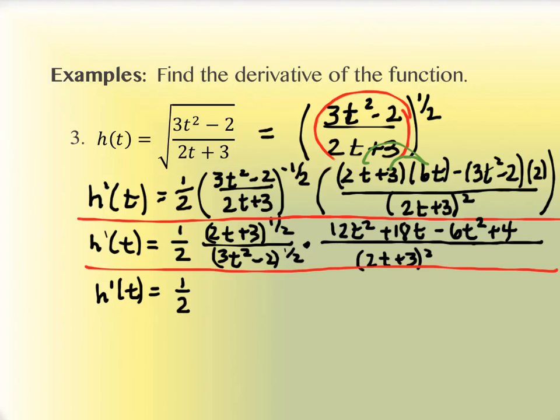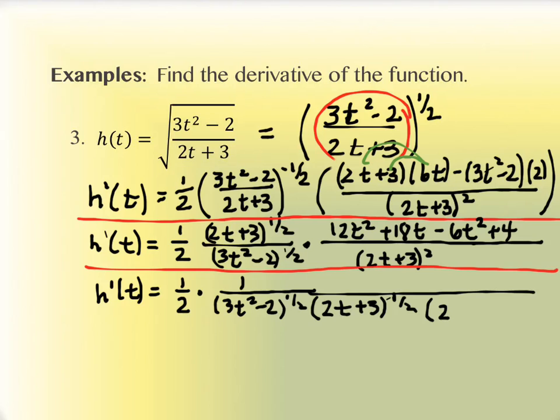So although right now it's in the numerator with a positive 1/2 power, I'm going to go ahead and pull it back to the denominator and make it a negative 1/2 power, just so that they look like they're combined together on the same part of the fraction. You don't have to do that, but I think it's easier to remember the exponent rules with them both in the same location. So I'm going to write it that way, and then we can combine them in the next step. So I've got the original 3t squared minus 2 that's already in the denominator right now, and then I'm going to write the 2t plus 3 to the negative 1/2 down there.